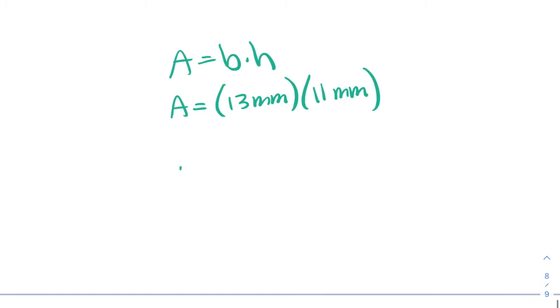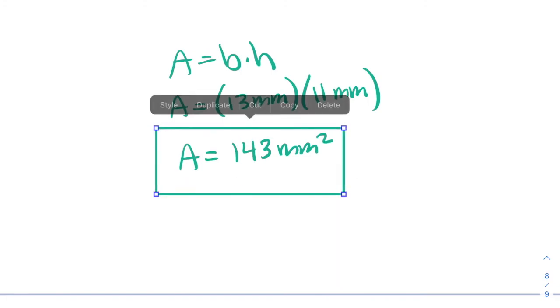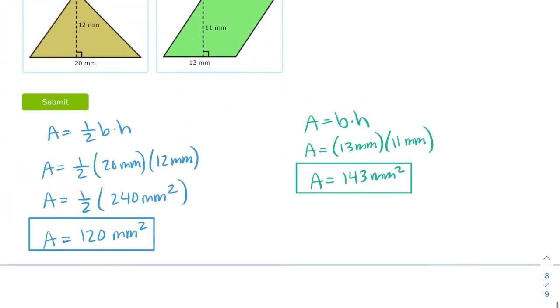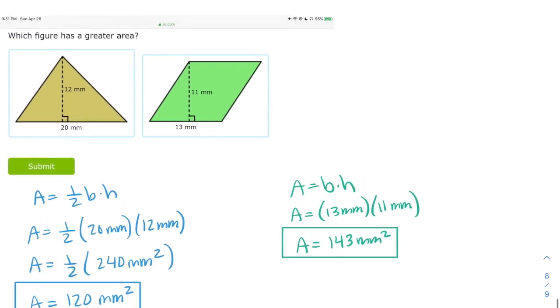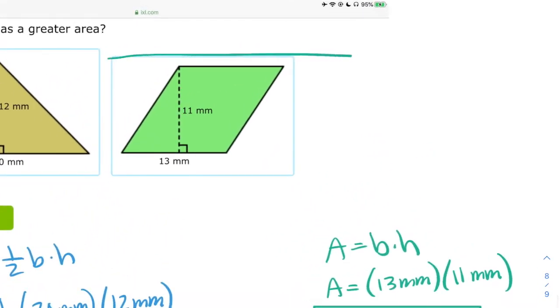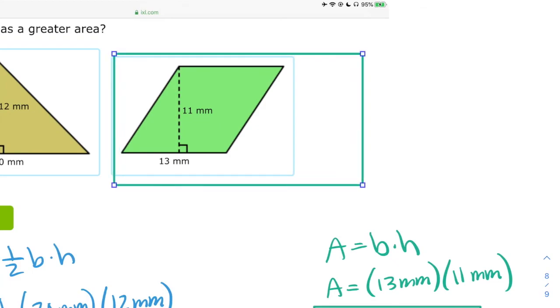So area equals 143 millimeters squared. And we are almost done. Which one has more, 143 or 120? Well, I think that's self-explanatory. It's the 143 that has more.